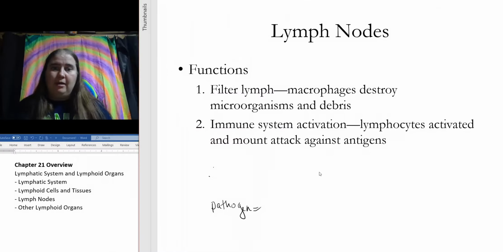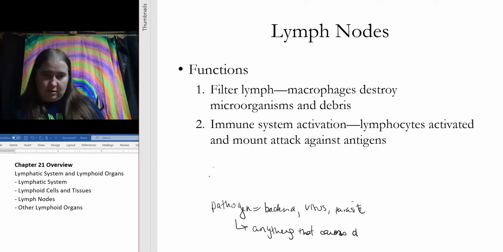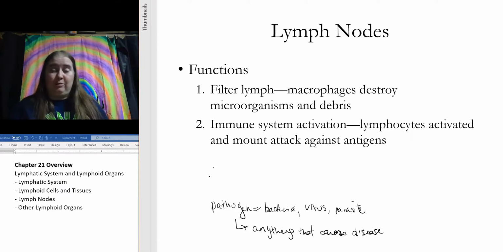Okay, so when we talk about a pathogen, this can be a bacteria, a virus, a parasite. Typically, a pathogen is anything that causes disease. I'm on this little teeny desk, so my writing is really horrible.